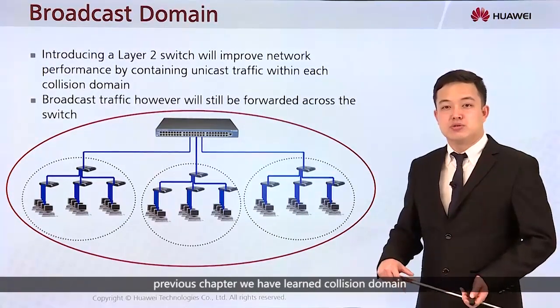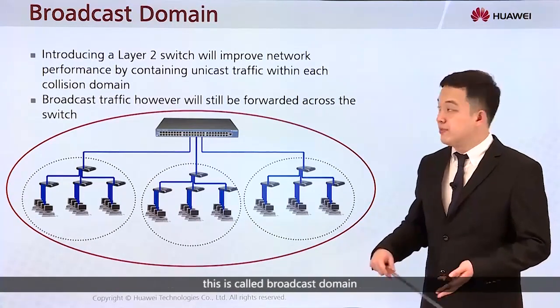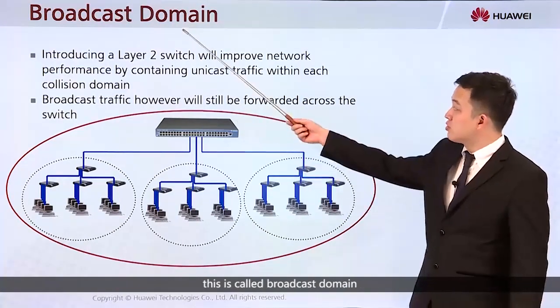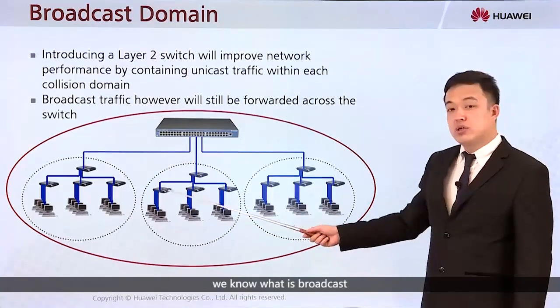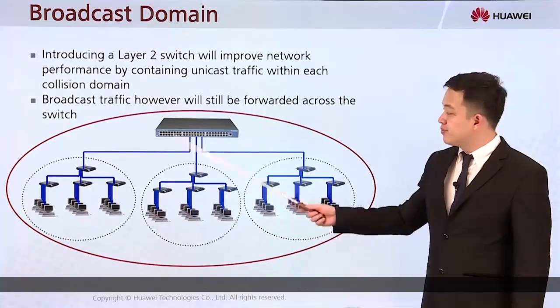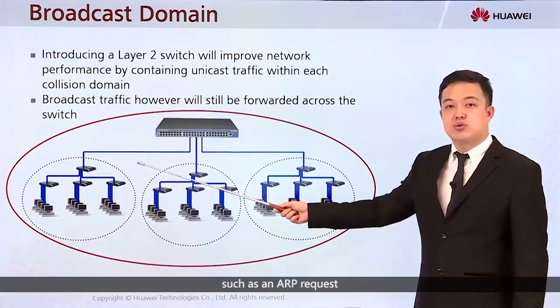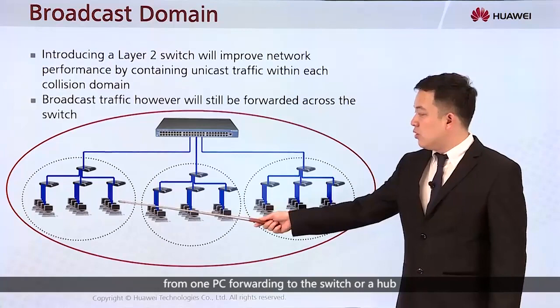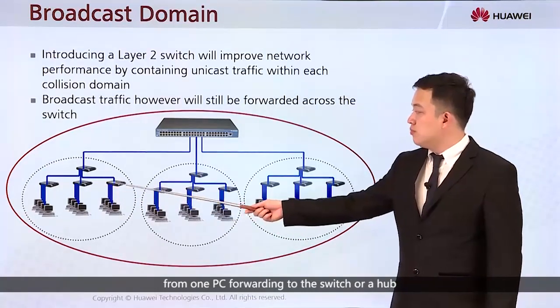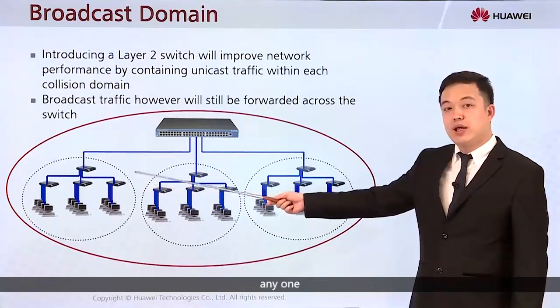Okay, another concept. In the previous chapter we learned about the collision domain. This is called the broadcast domain. We know what broadcast is, such as an ARP request, this kind of packet from one PC forwarded to the switch or a hub.